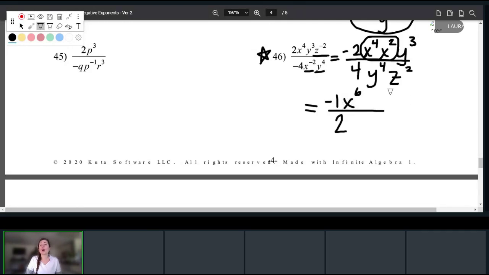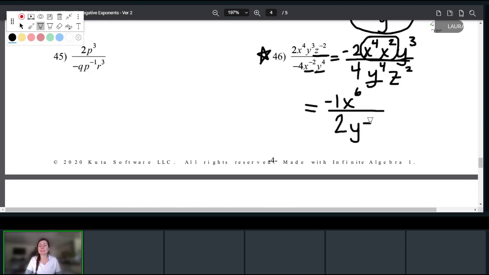Then our y's, we have y to the 4th and y to the third. They're on opposite sides of the fraction. That means they're being divided. When we divide those variables, we have to subtract the exponent. We're going to start with the larger exponent, which is in the denominator. It's 4. So we're going to do 4 minus 3 and get 1. So y to the first ends up in the denominator.